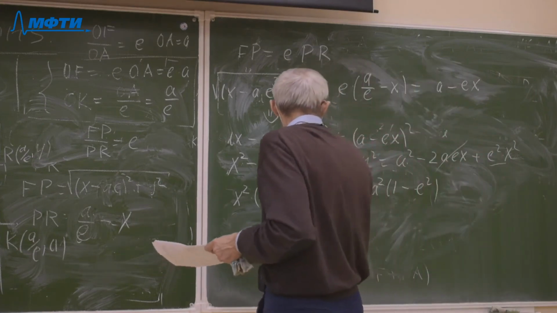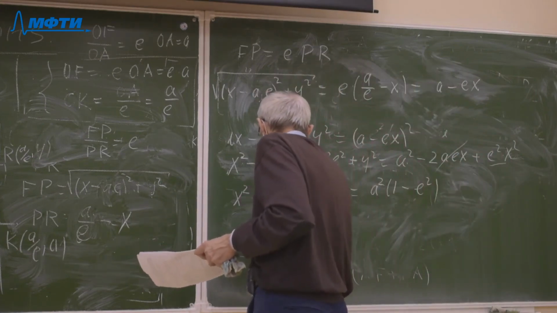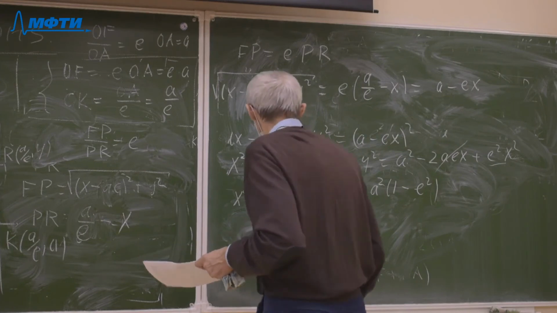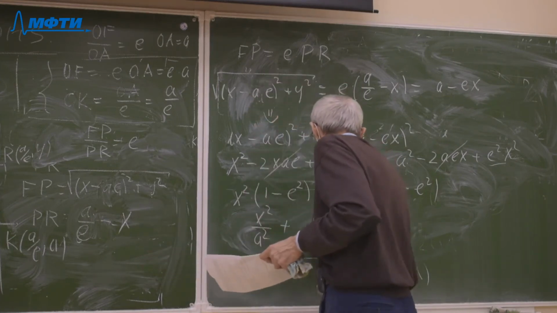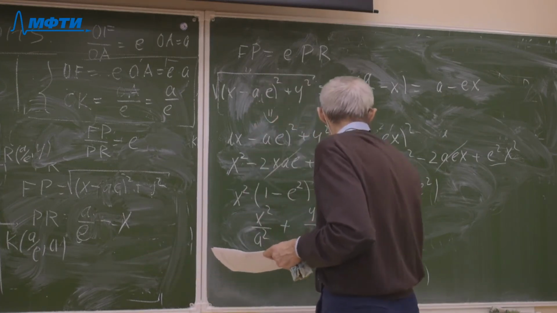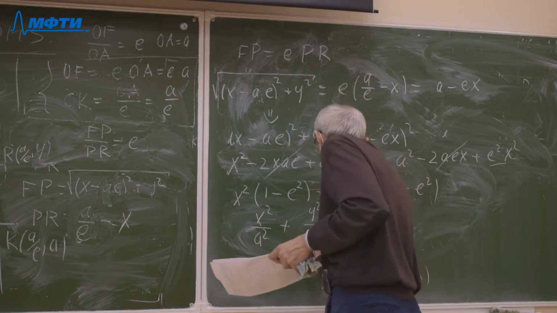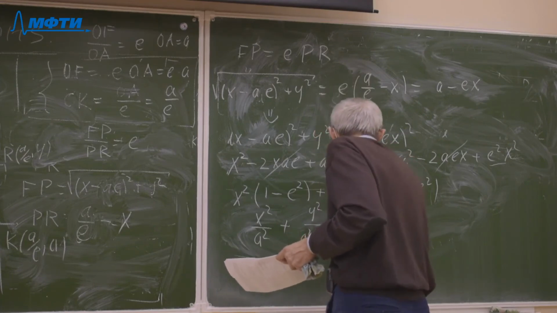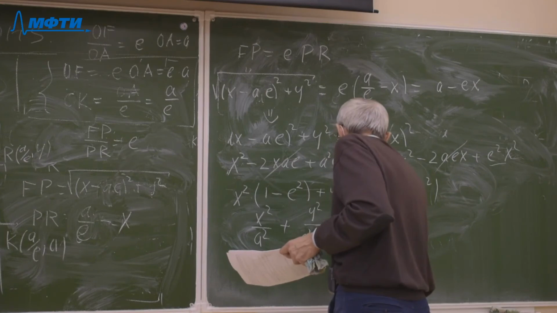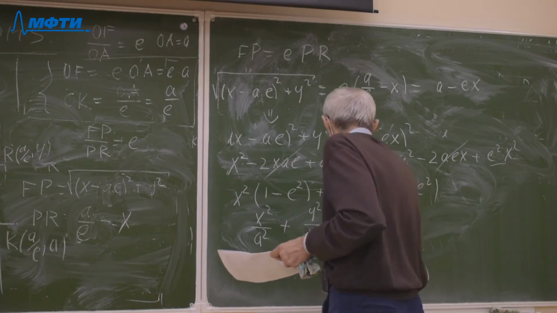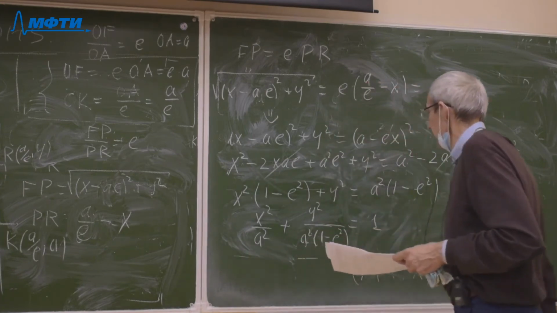And we obtain the ratio x square over a square plus y square over a square times (1 minus e square) is equal to unit.